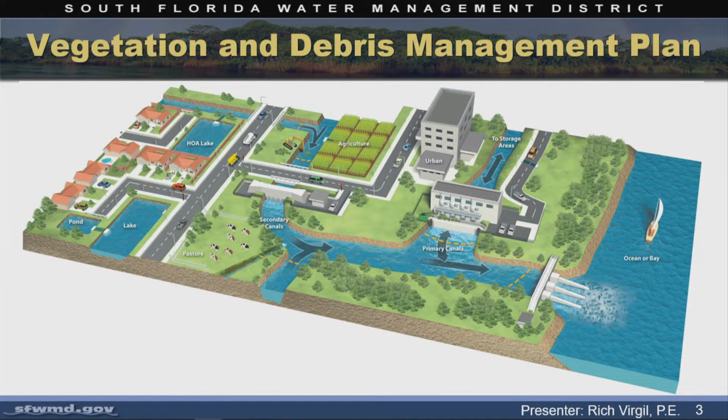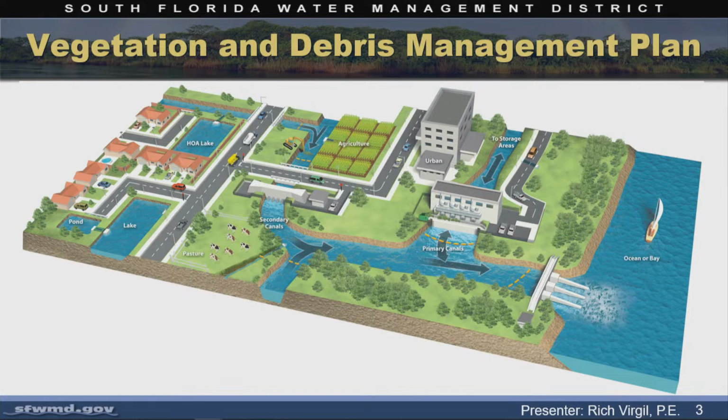From the smallest municipality, storm drains in a street, to an HOA lake, we all have a piece of getting the water from our location eventually to the district system for management and flood control.